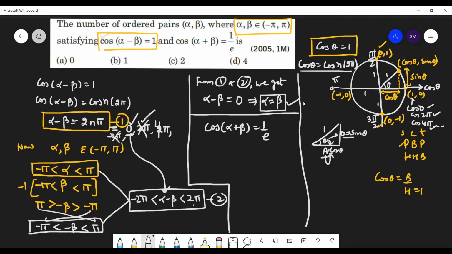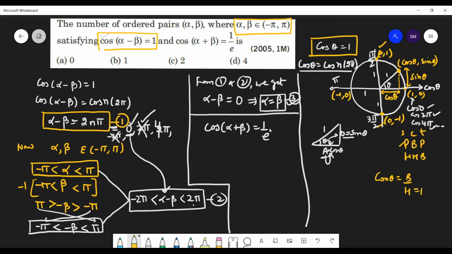So you can assume this as equation number 3. So, students, see here it was quite easy for us because 1 was the value. Now this is 1 by e. So 1 by e, we are not sure. You know what 1 by e is?